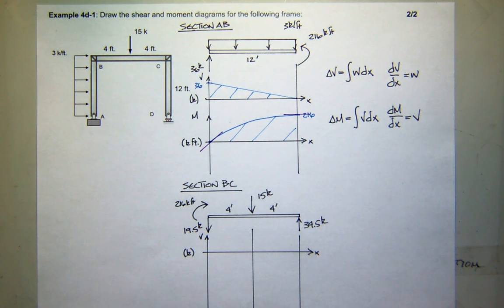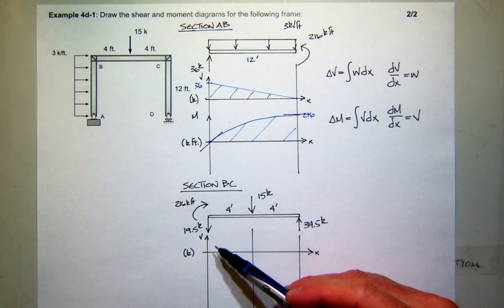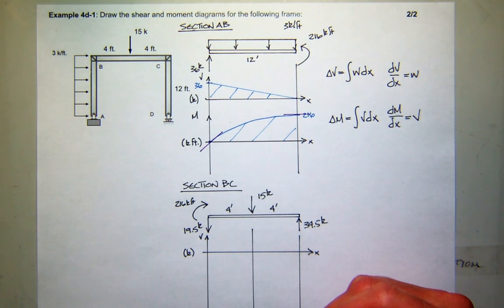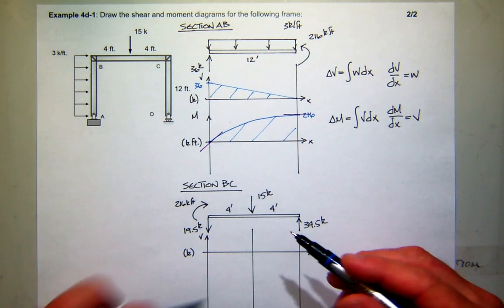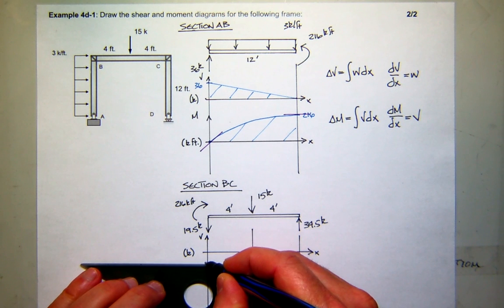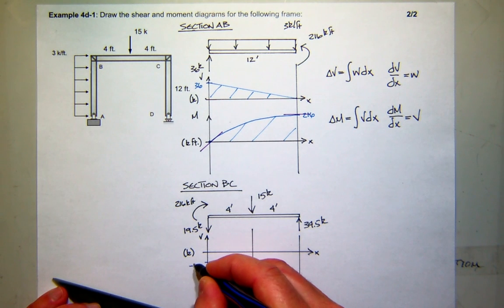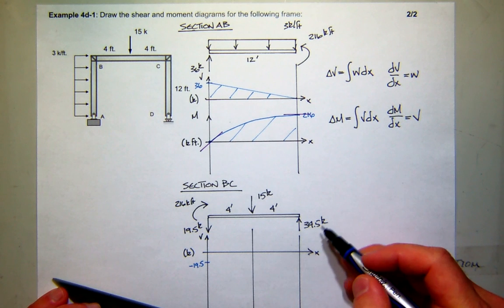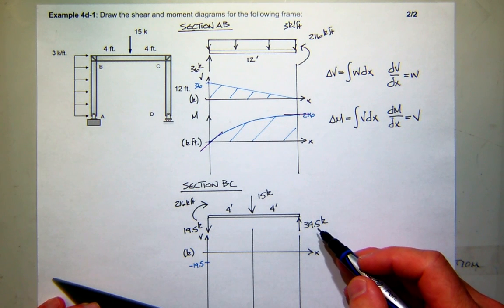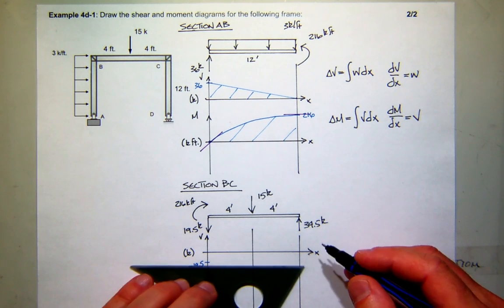of kips. So what is the shear at A? Yeah, it's negative 19.5. What's the shear at B? Negative 34.5.